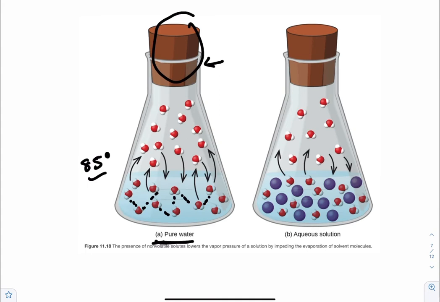So if you look over here though, these purple pieces represent some kind of solute being dissolved in the water. And you'll notice the solutes kind of block the way of the water. Also, the solutes can have interactions with the water in many cases, especially if you have a strong electrolyte.